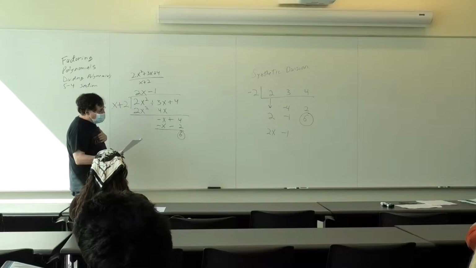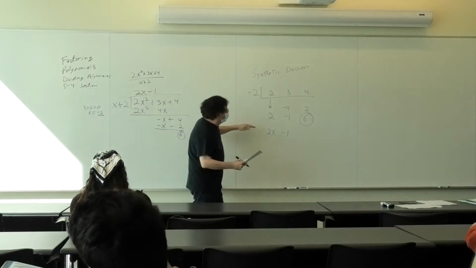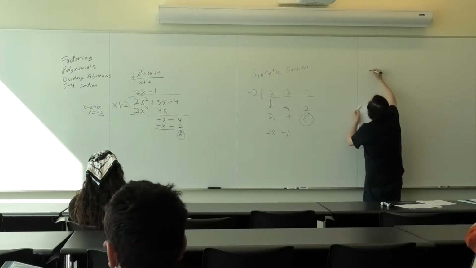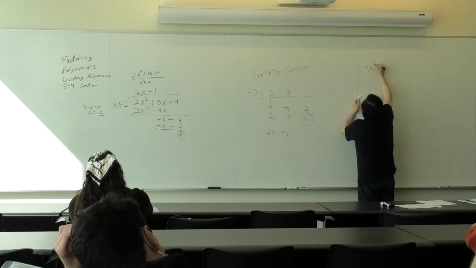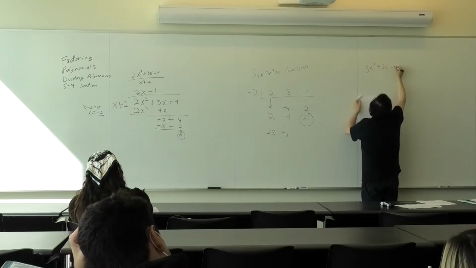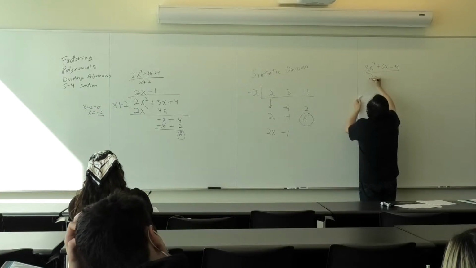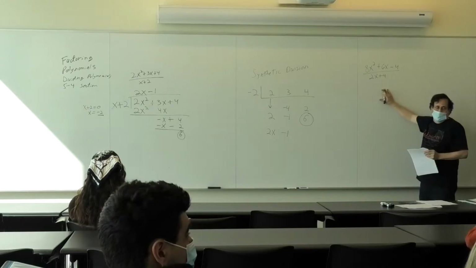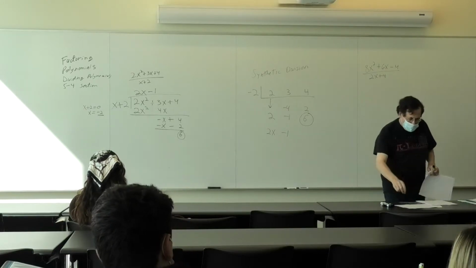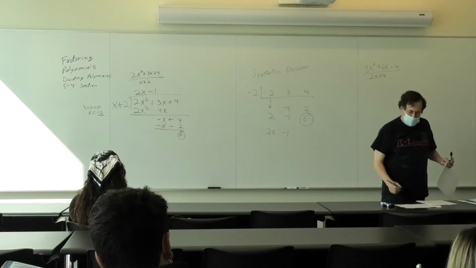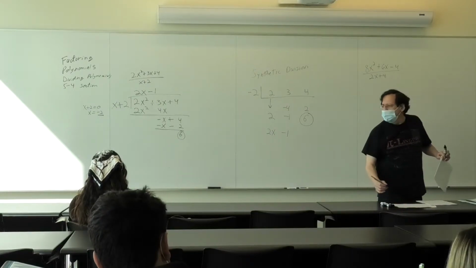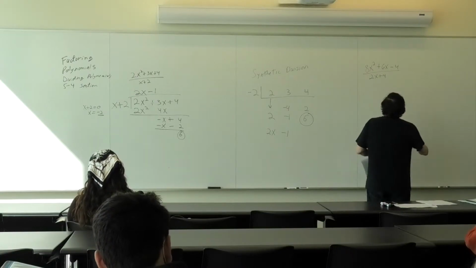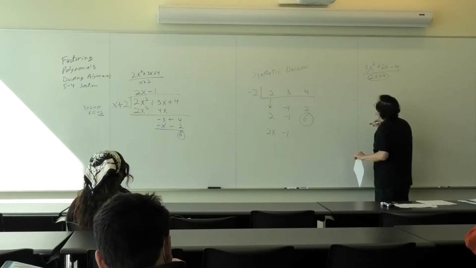There is one more case I want to cover for synthetic division. If you had this as your problem, x squared plus 6x minus 4 over 2x plus 4, and you wanted to use synthetic division here, you seem to have a problem, right?